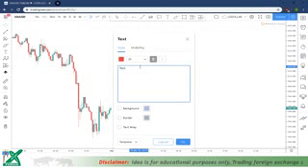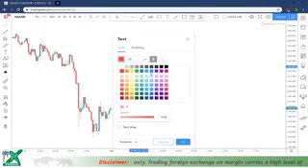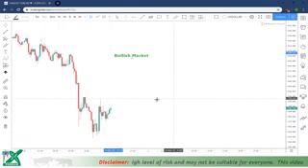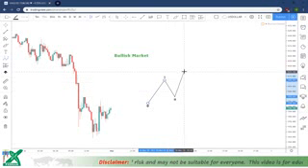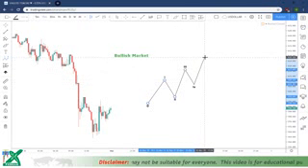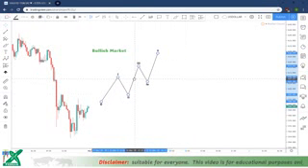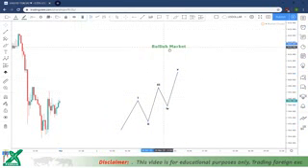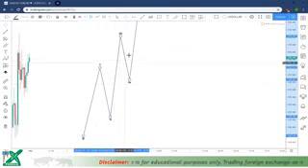The first one, as we talked, will be a bullish market, and we can represent this as green. So in the bullish market structure, what are the scenarios? In the bullish market structure, we get moves to the upside, which are these moves. This is a bullish market structure in which we get higher highs and higher lows.